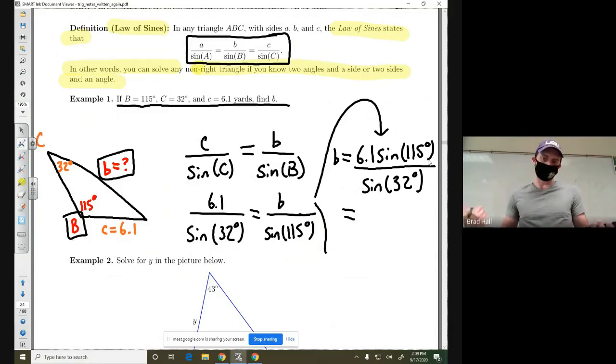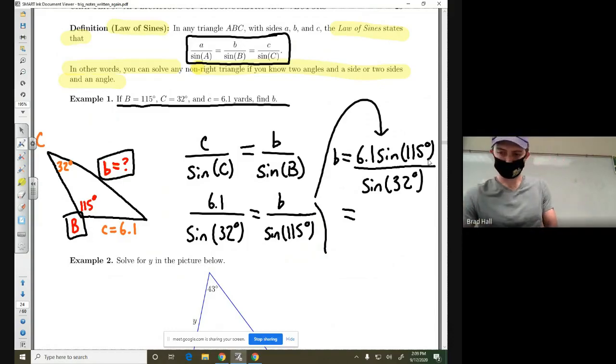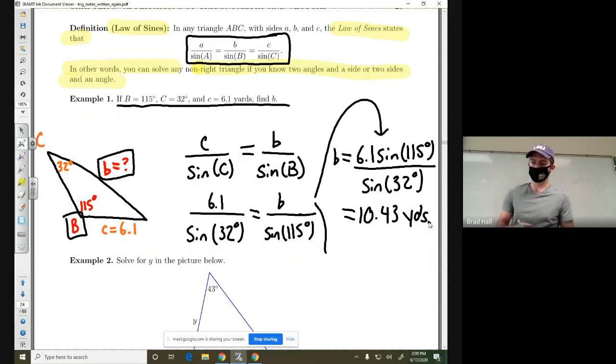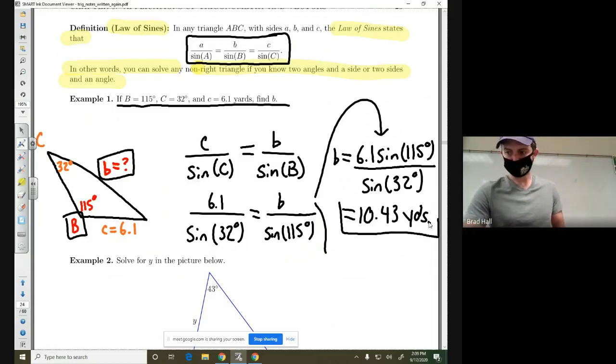Let's round it to 2 decimal places. It doesn't matter. 10.43, and I guess this is yards, because we are finding a line segment. That's lowercase b.